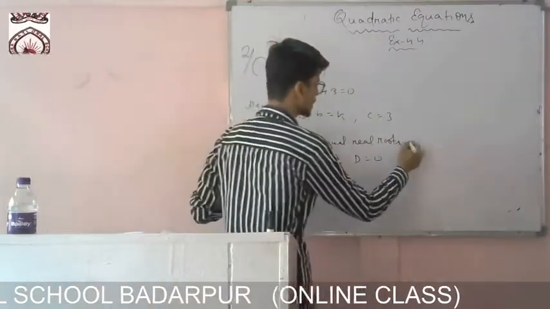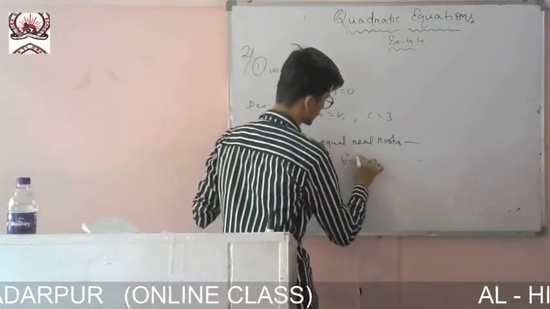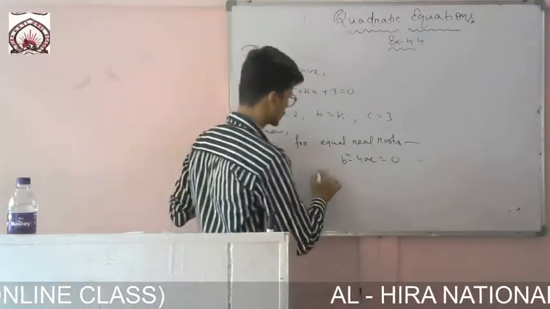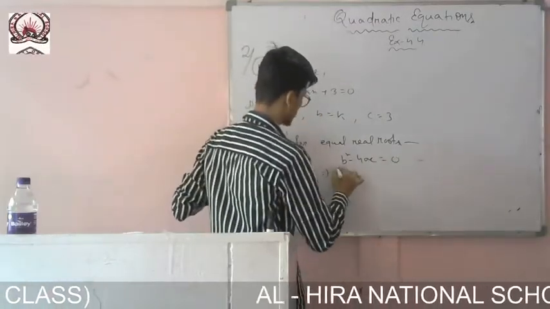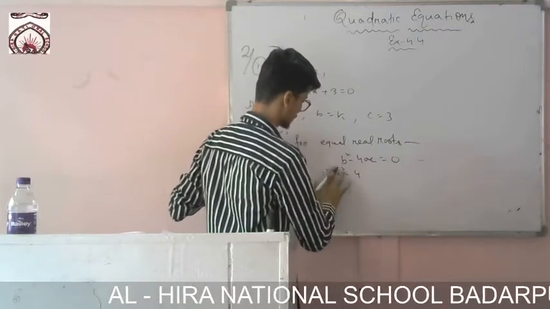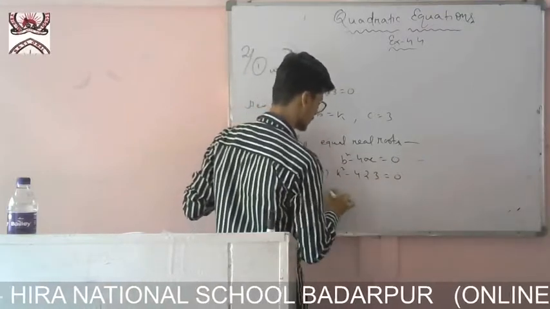For equal real roots, what will be the condition? D is equal to 0. Let me write it like this: b square minus 4ac equals to 0. So directly now we can put, here b square, that means k square, minus 4ac equals to 0.